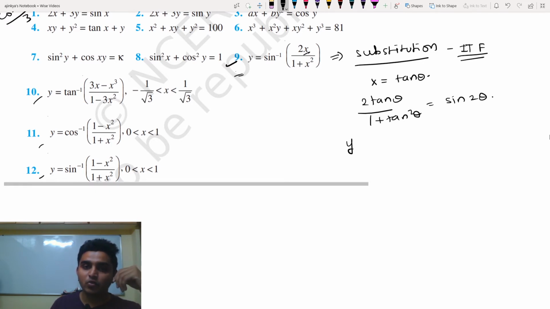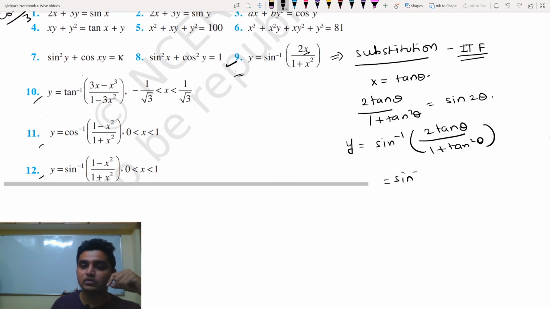So it is going to be y equals to sine inverse of 2 tan theta upon 1 plus tan square theta. And now you can replace this whole term by sine inverse of sine 2 theta, and you know that you can directly eliminate sine inverse and sine, which is going to give us y equals to 2 theta.